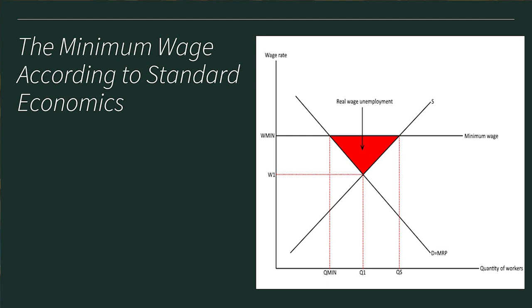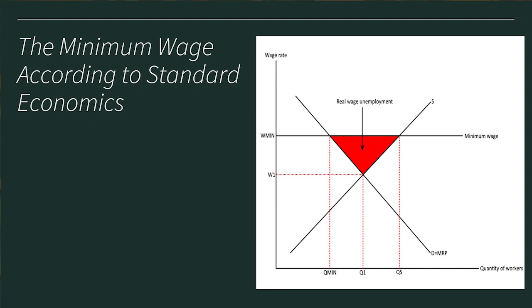This diagram shows a conventional market for labour. The existing equilibrium wage is W1, where the demand for labour and supply of labour are equal at Q1. If you set a minimum wage above the equilibrium wage, then the supply of labour will increase to Q5 and the demand for labour will fall to Q min.